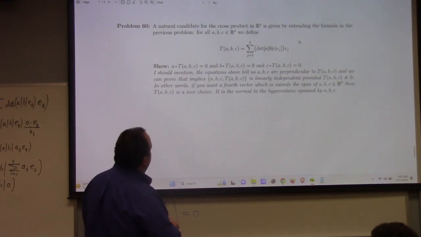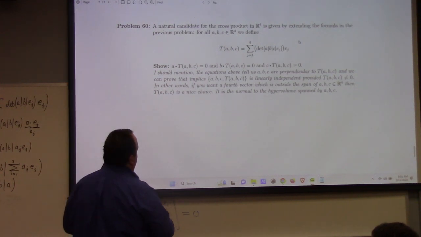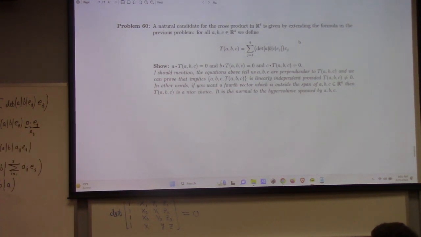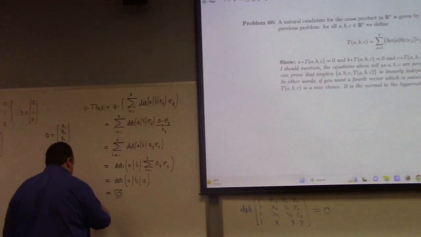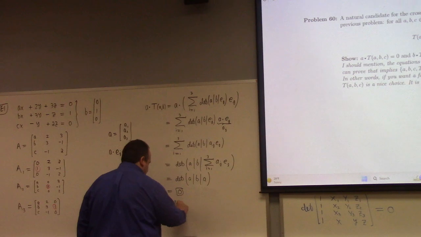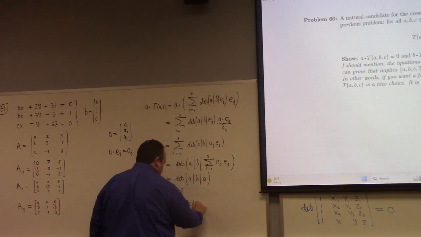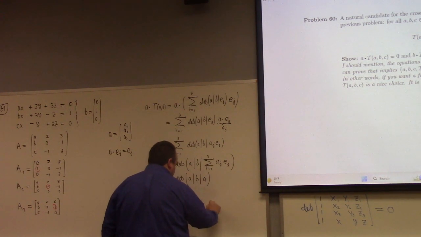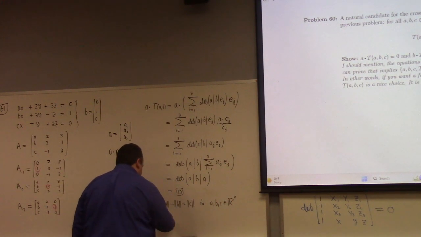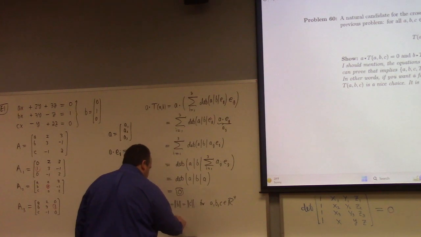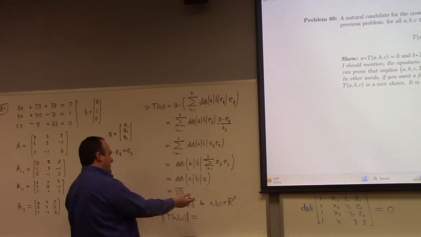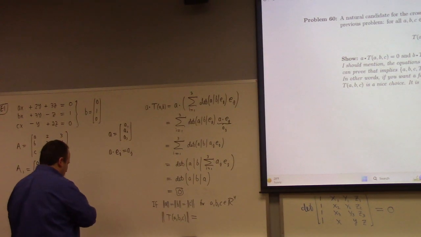I guess what's interesting, the thing I didn't ask you, but it's actually really interesting, is that if you know that the length of the vector A is equal to the length of the vector B is equal to the length of the vector C for A, B, C in R4, it turns out that the length of this thing I'm just defining there is also equal to, I'm missing an important thing here.